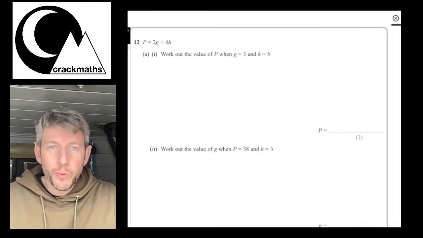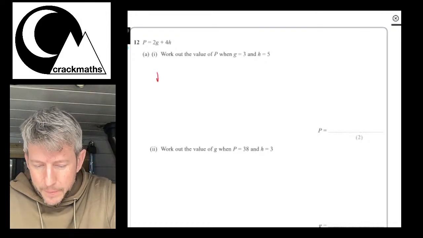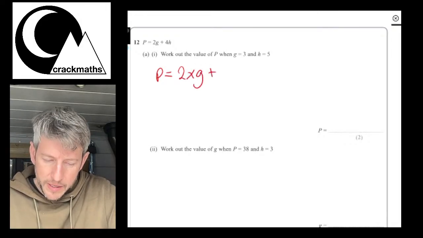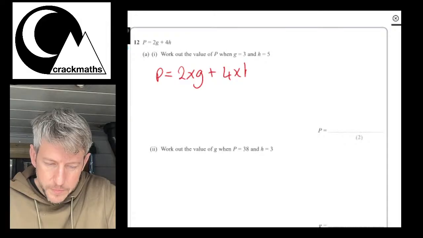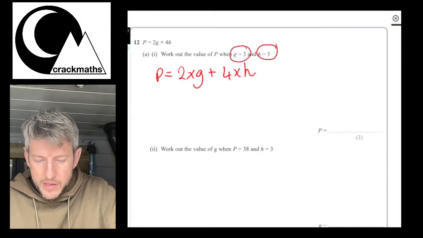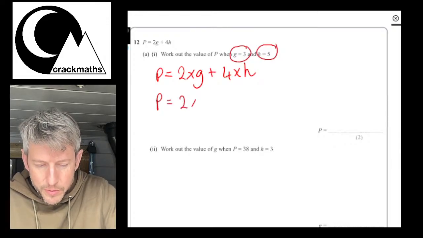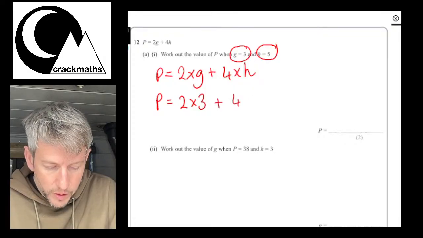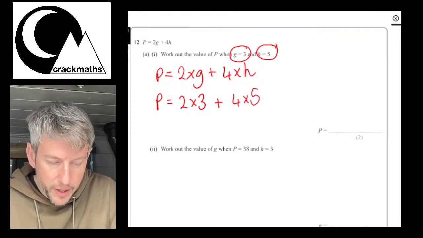So P equals 2 times G plus 4 times H. We're told that G is 3 and H is 5. So we're going to get P equals 2 times 3 plus 4 times 5.